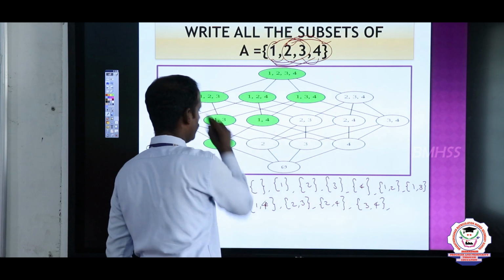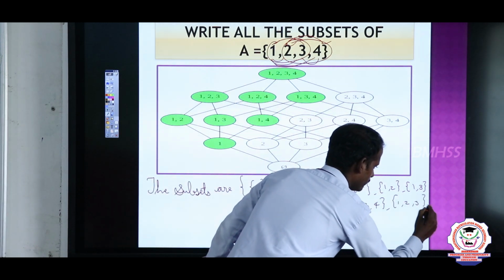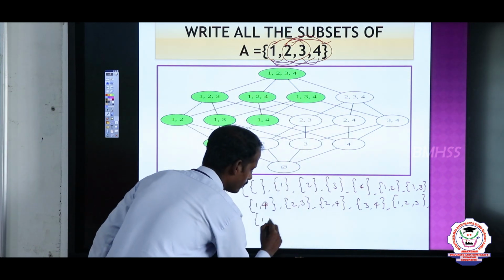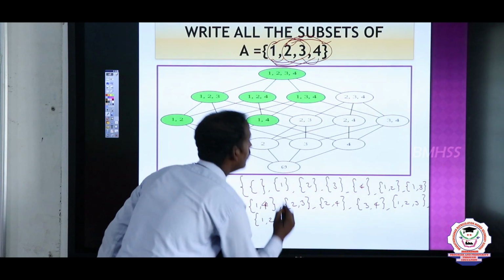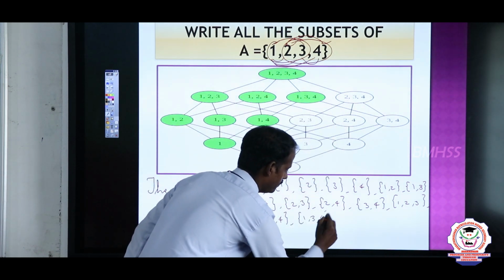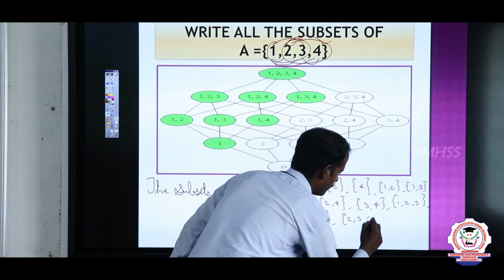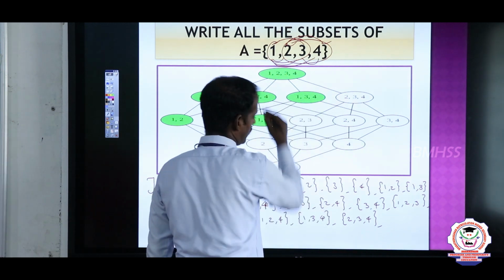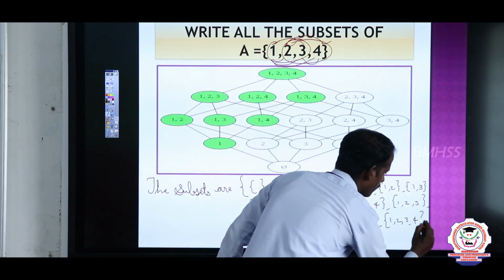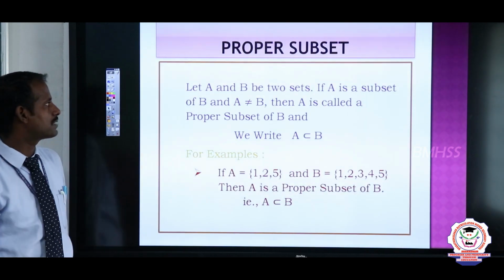Next {1, 2, 3}, next {1, 2, 4}, next {1, 3, 4}, next {2, 3, 4}. So next {1, 2, 3, 4}. So these are subsets.